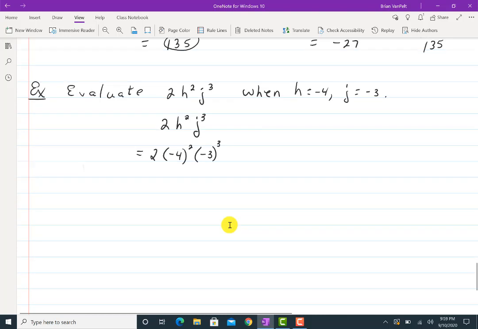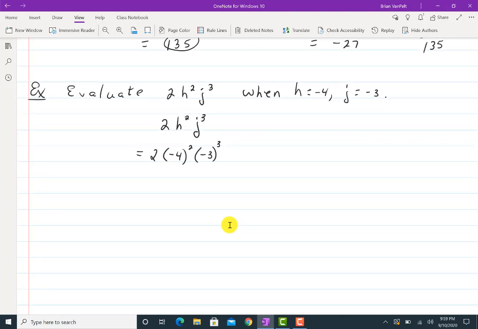Now I've got to take care of the exponents first. Negative 4 squared is positive 16. Remember, that's negative 4 times negative 4. However, negative 3 cubed is equal to negative 27. So remember, negative 3 times negative 3 times negative 3. Now, since I have multiplication followed by multiplication, I can go left to right.